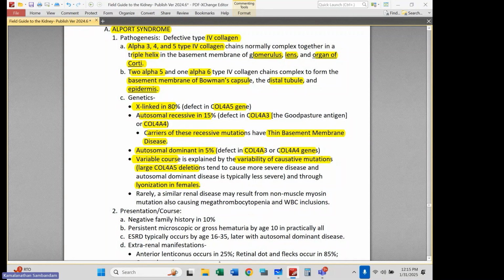Okay, that makes sense. But if I'm a female and I have one normal X chromosome, one abnormal X chromosome bearing a mutation in the alpha-5 chain of type 4 collagen, then I may have a fairly benign course, just recurrent hematuria.